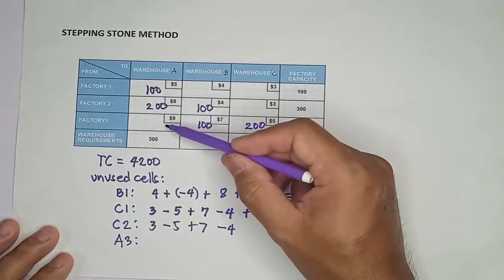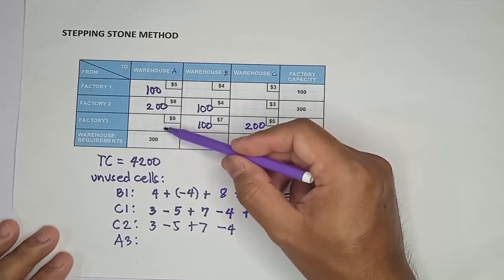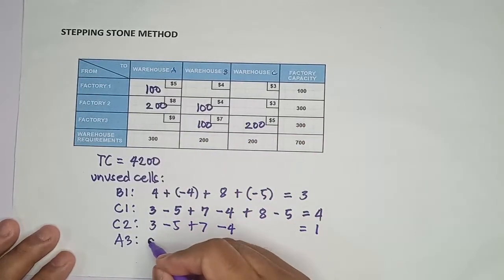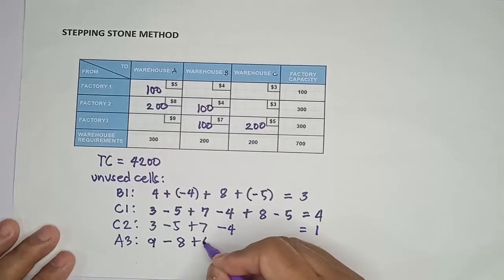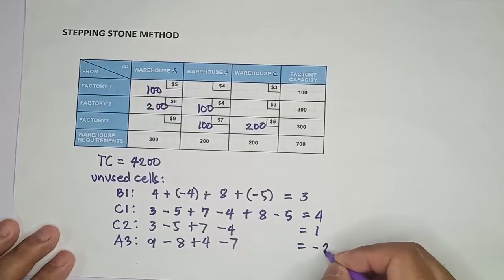And the last empty cell is A3. So our loop gives 9 minus 8 plus 4 minus 7, which is equal to negative 2.